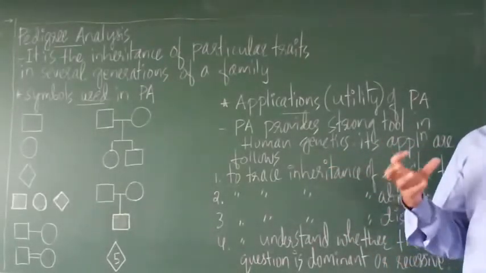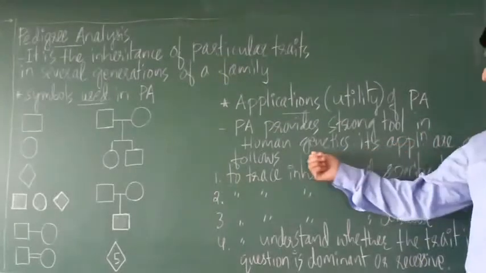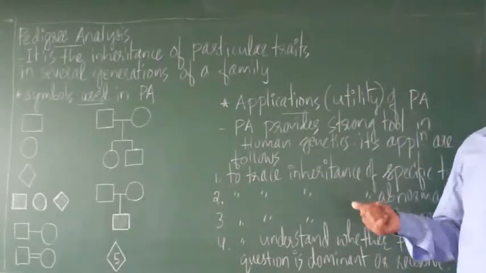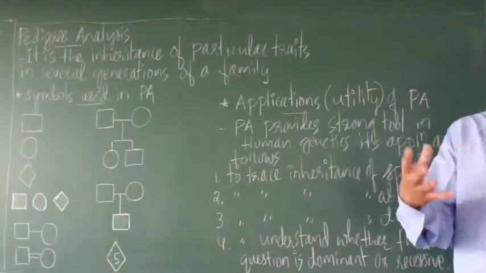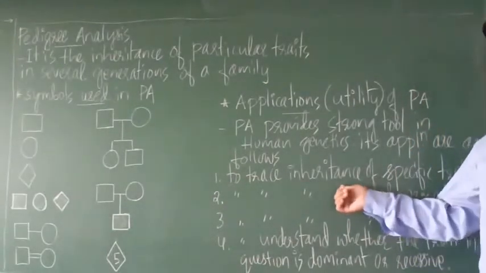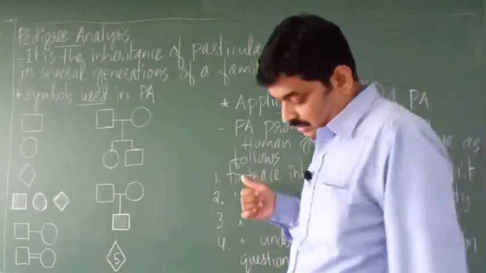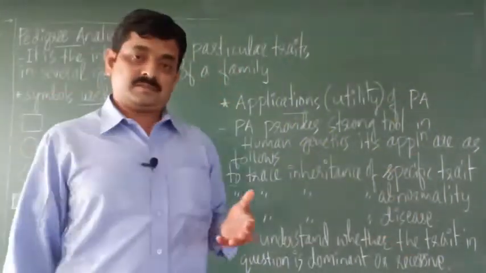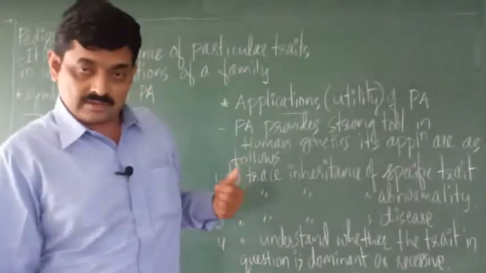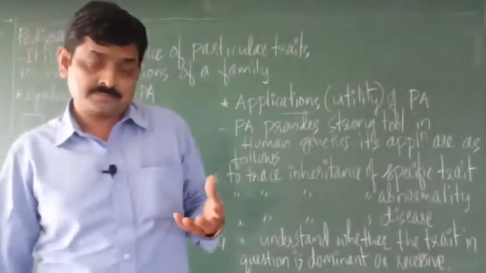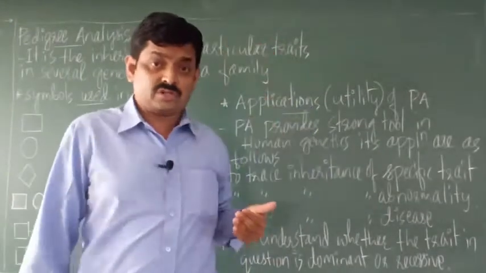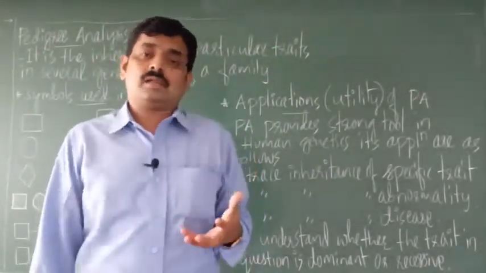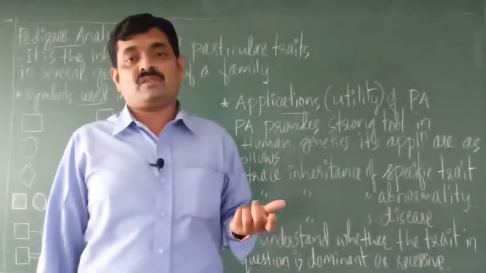So these are certain applications. The first application is to trace the inheritance of a specific trait. We can easily trace the inheritance of a specific trait in several generations of a family by using pedigree analysis. That is one important application.